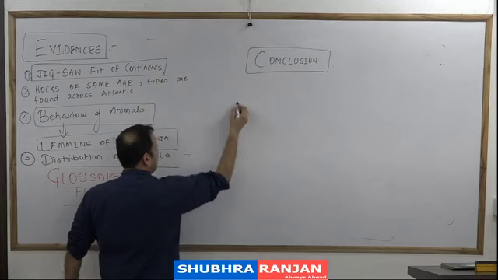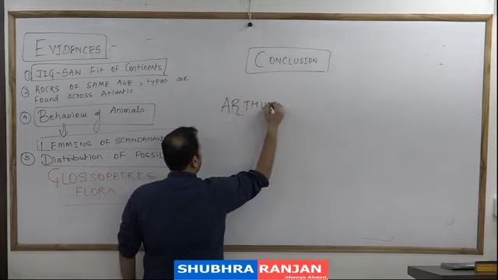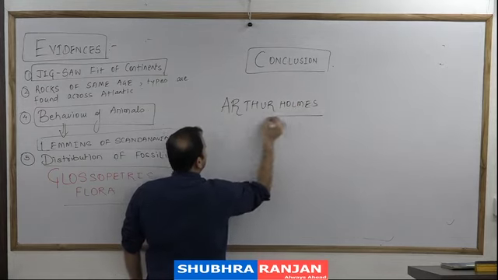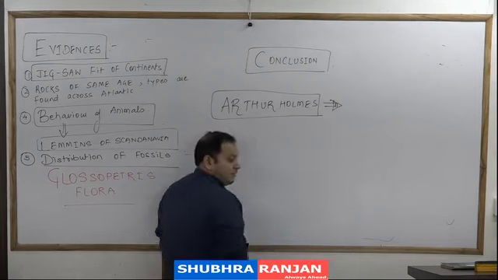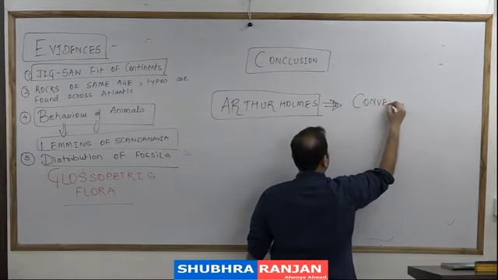Over the period of time, there was a person known as Arthur Holmes. Arthur Holmes gave the forces which are responsible for drift in his convectional current theory.